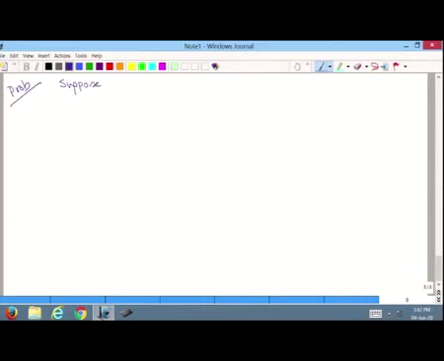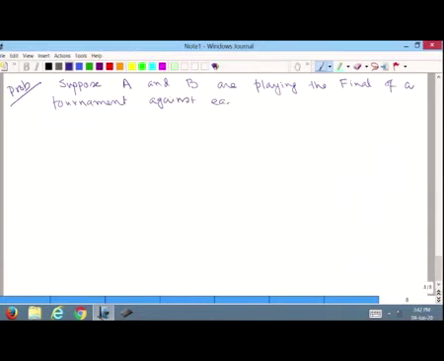Suppose A and B are playing the final of a tournament against each other.